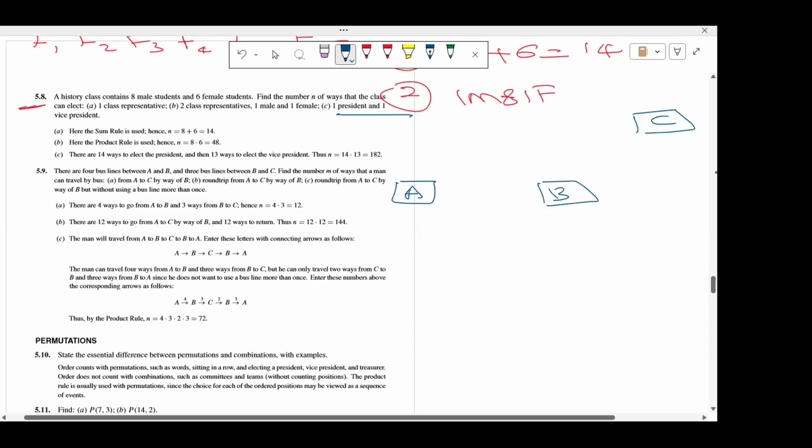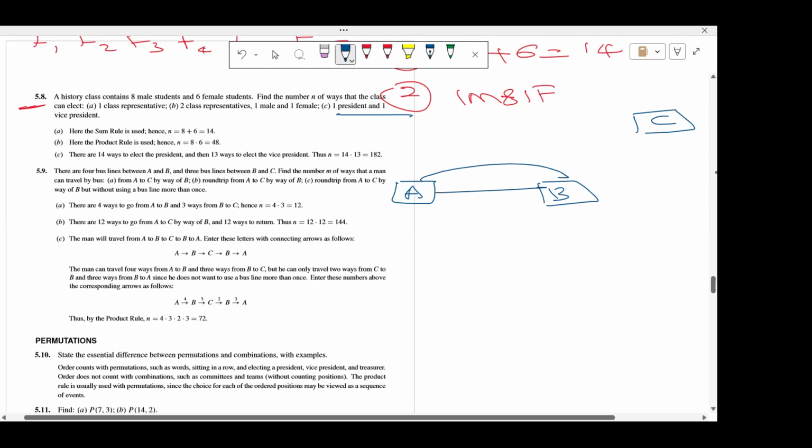A, B, C, 3 districts, maybe Ampara, Batticaloa, or Colombo. Just think about A, Ampara, B, Batticaloa, C is Colombo, okay? So now what they are telling, bus line in the sense, just think about the bus routes, right? Between A and B, let's say from Ampara to Batticaloa, there are 4 routes.